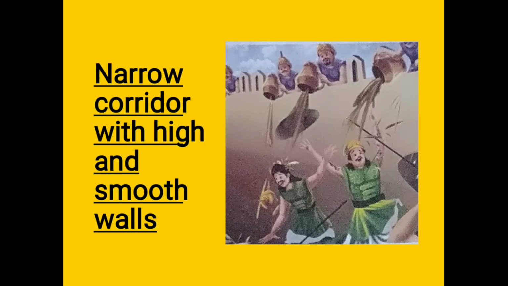Now the next one, narrow corridor with high and smooth walls. Can you see these high and smooth walls which have a narrow corridor? The enemy people come in and think this is the place where they can relax. They just come and take a long sigh. It means a long breath. They just stand for relaxation here.